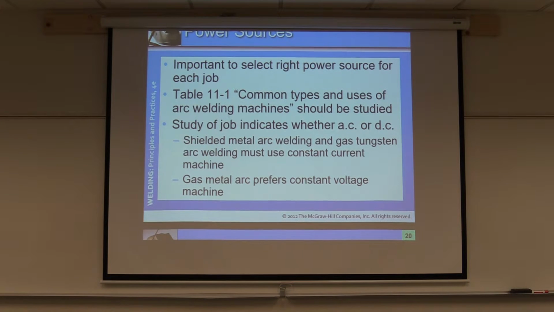It shows the characteristics of three basic types of welding machines. Okay? You can look at the weight difference. If you look at the DC inverter, it's 76 pounds versus an AC transformer is 573. So when we start talking about differences in size and portability, big difference. Okay?